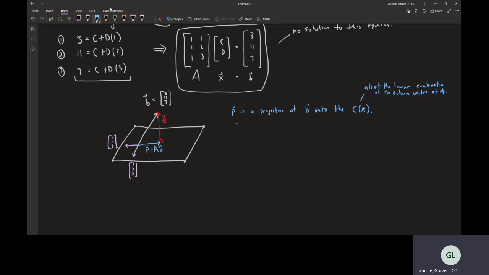So X hat is the linear combination that gets a vector P that lies right underneath B.